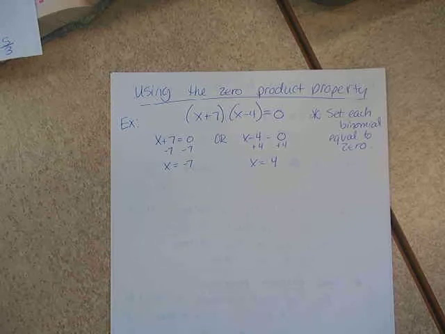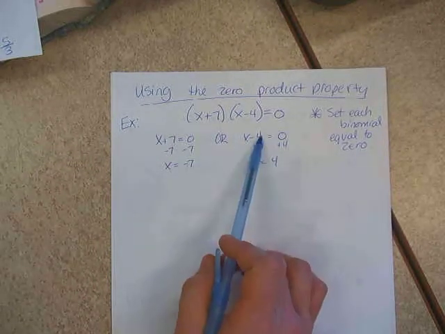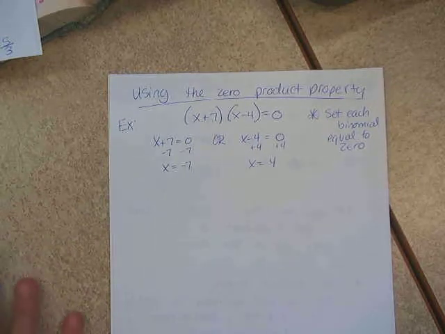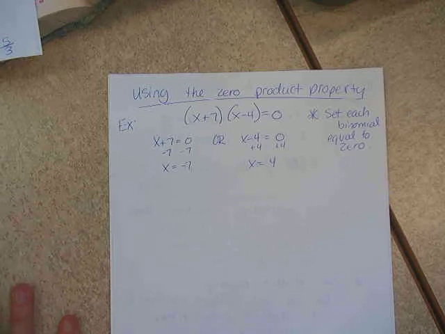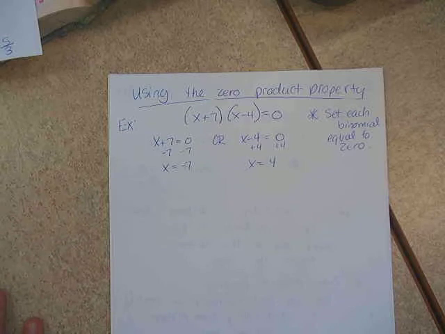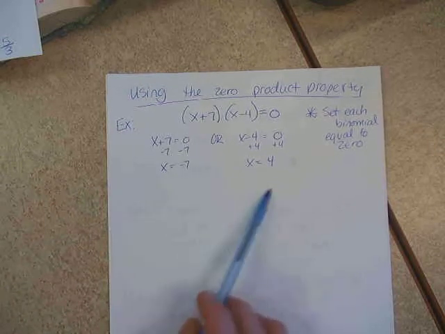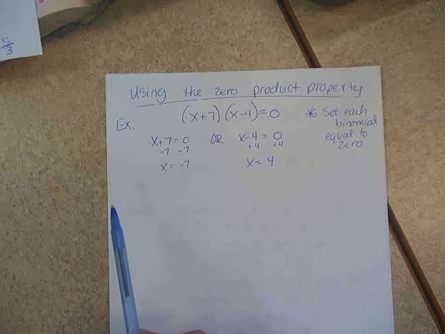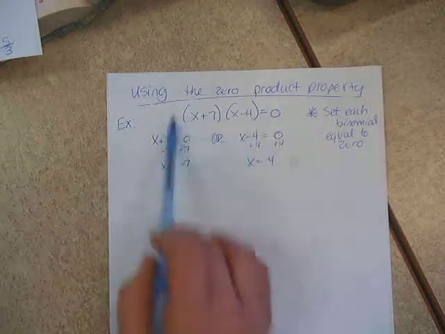or positive 4. Now think back to what our solutions actually represent. They represent where a parabola crosses the x-axis. Okay? If I were to FOIL this out, b would not be 0, right? I'd get a number for the middle term. Well, remember I said b messes everything up. When there's no b, our parabola is centered on the y-axis. That's why our solutions would be 4 and negative 4, or 8 and negative 8, or 1 and negative 1. B causes a horizontal shift.